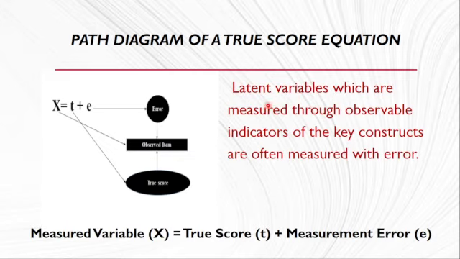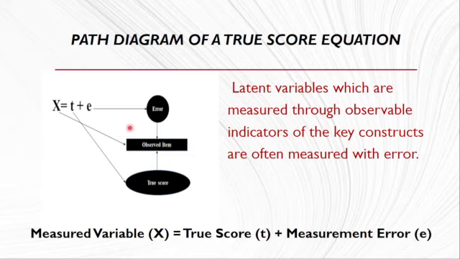Another specialty of SEM is that these latent variables are measured through observable indicators of the key constructs, and they are often measured with error. This is not possible in any other analysis, or is much less possible with other types of analysis, because here you will be able to measure the latent construct through observable indicators.